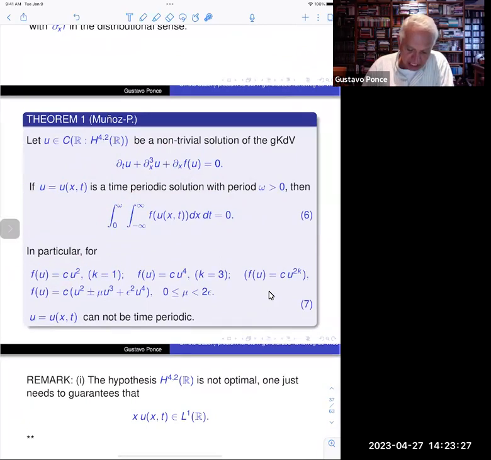If you put the nonlinearity u cubed, that is k equal to 3, you don't have a breather. If you put any power that is even, you don't have a breather. And if you put a nonlinearity of this sort, I mean, a perturbation of the Gardner, you don't have a breather. Then you kill a lot of possibilities of having breathers, but with this trivial result.